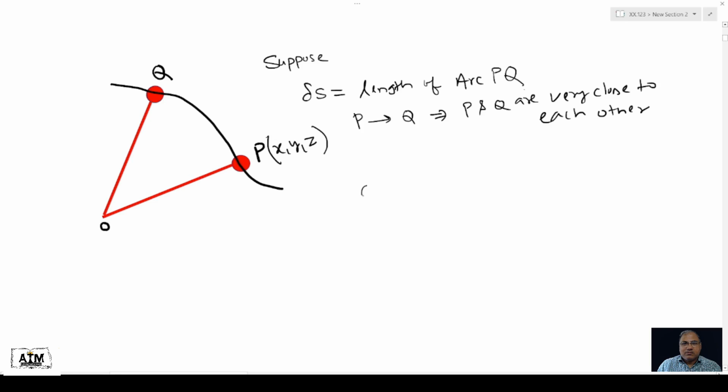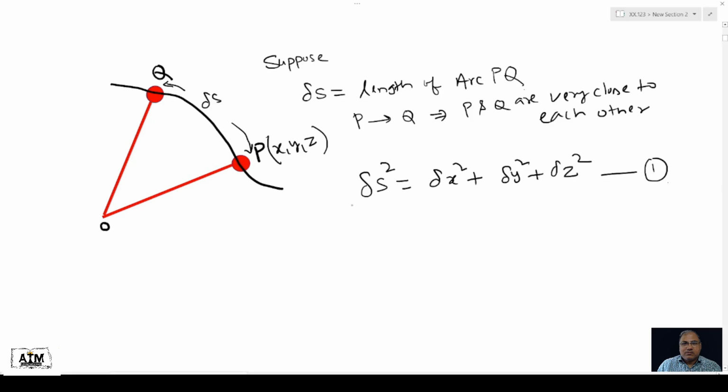Now, if you want to find out delta S, that is the length PQ. From here to here, the length is PQ. So, the delta S square, by using distance formula, we can easily tell delta S square is equal to delta x square plus delta y square plus delta z square. Call it equation number 1.